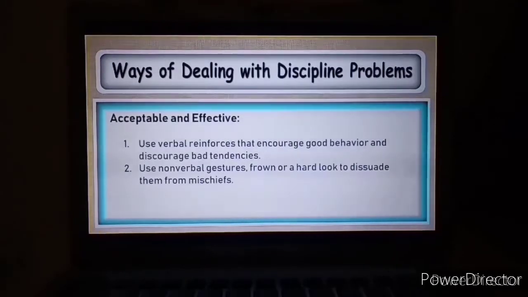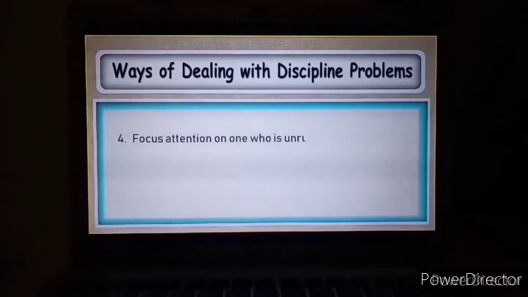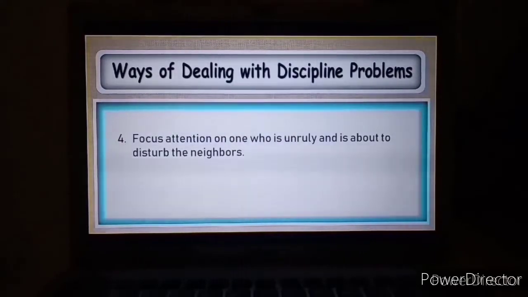Third is dialogues can help in discovering problems and agreeing on mutually beneficial solutions. By the interaction between teacher and students, it really impacts the relationships, the students' self-esteem, and enhances their skills. The fourth is focus attention on one who is unruly and is about to disturb the neighbors.